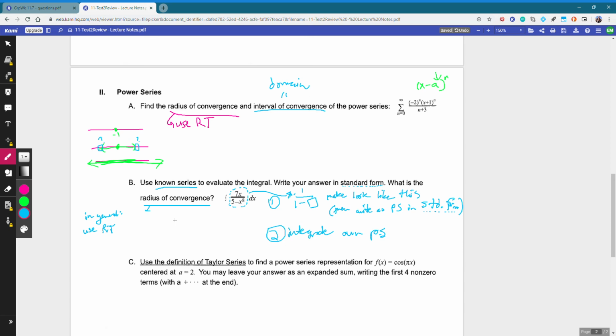That's in general, but I claim that when we can relate our function to this form, right? This is the form that we get for our geometric power series.